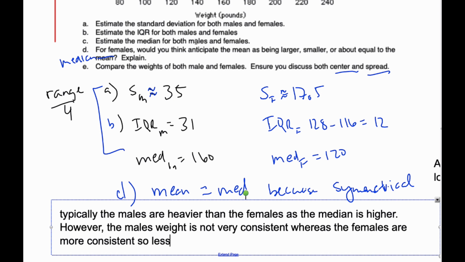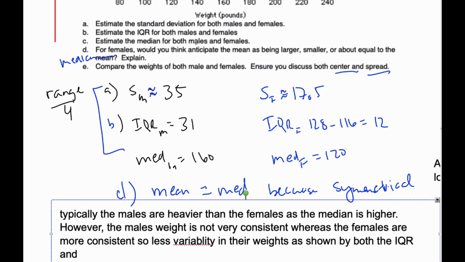So less variability in their weights, as shown by both the IQR and standard deviation.